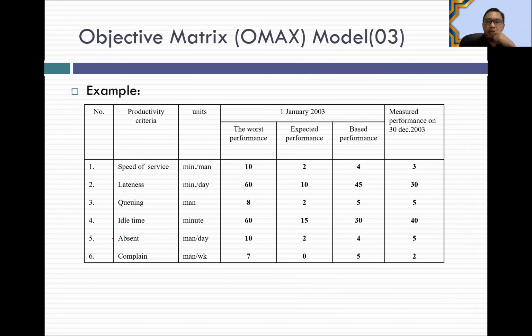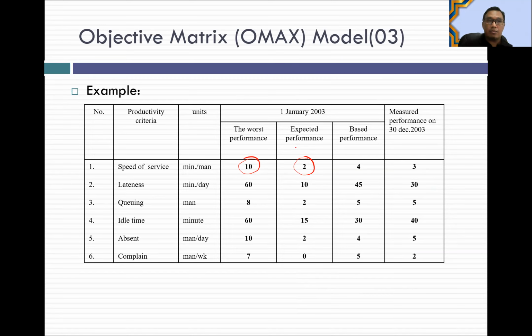From the observation in January 2003, for example, the worst performance of speed of services is 10, and the expected performance is 2. This means that if the value of the speed of services is lower, it will be better, because the measurement is minute per man.